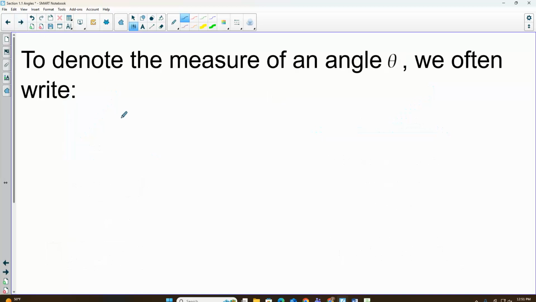Notation. A lot of times you're going to see me write something like this. Trig has some Greek letters in it. This is one we will see a lot. This is a Greek letter called theta. So when I say m, it means measure. This is the angle symbol, and theta.